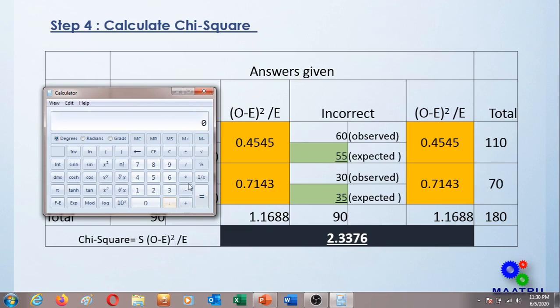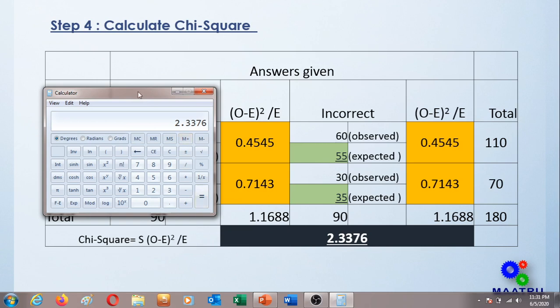Let's start with cell number 1, that is 0.4545 plus 0.4545 again plus 0.7143 plus 0.7143, which gives 2.3376. This is the final chi-square number we got here.